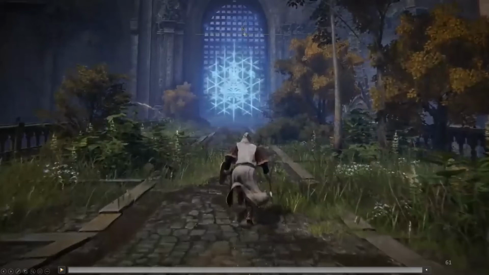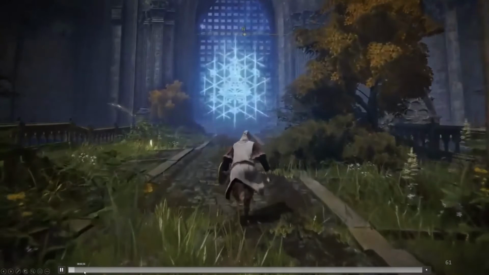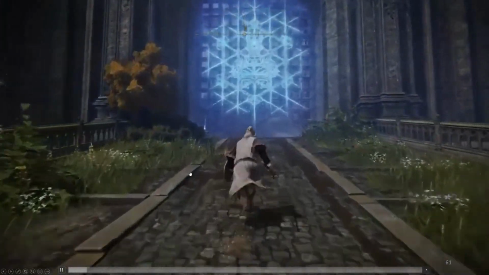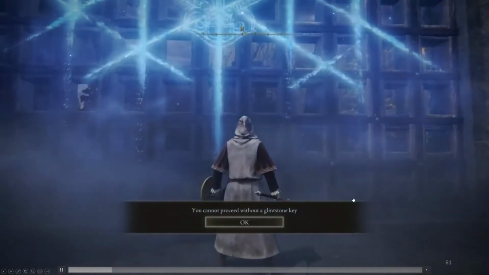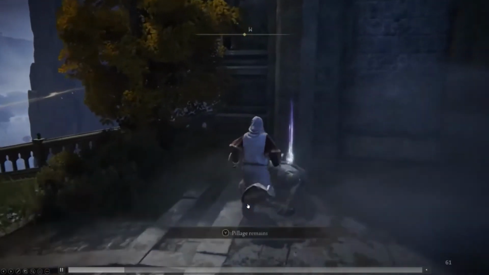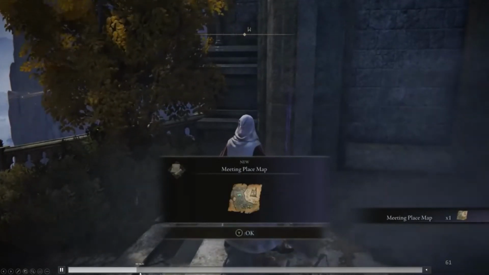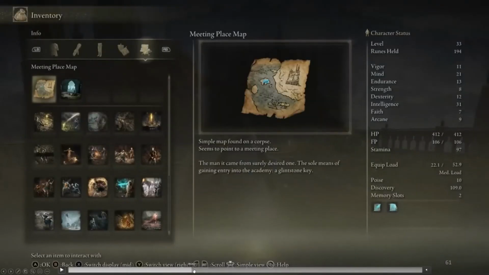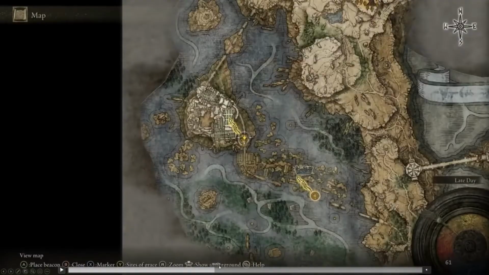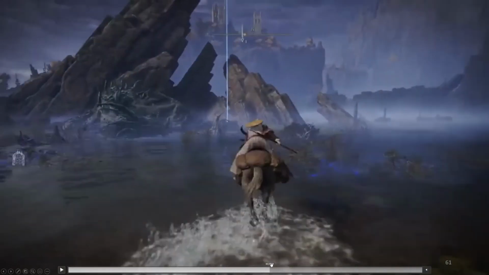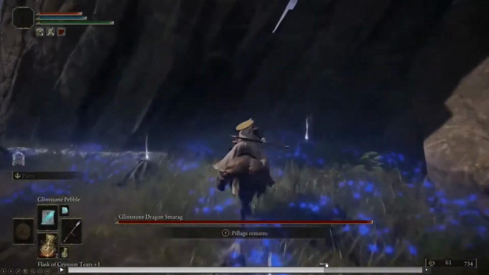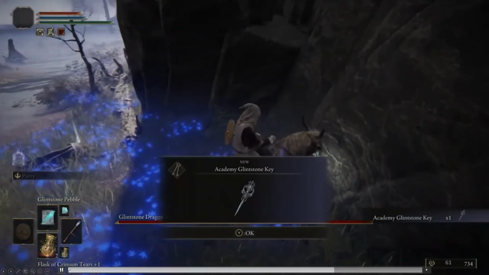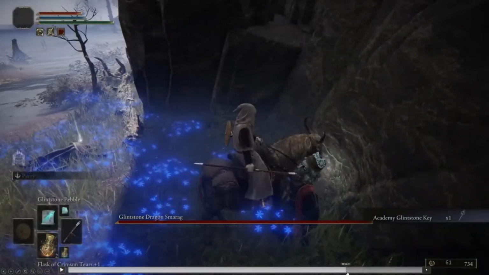So, for example, here, when you are supposed to go into an area of a magical school, you discover that actually the door is locked and you cannot proceed without a key. You get this map, and when you follow this map, you get to this point where you find a dragon, and you find a mage that was killed by the dragon and that was holding this key.